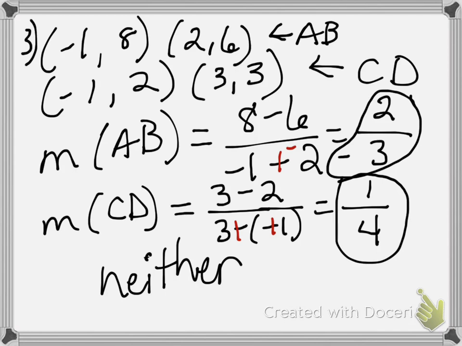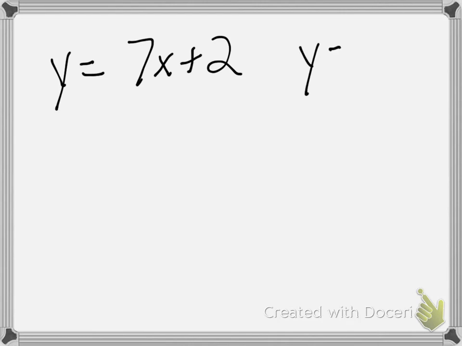Okay. On the next page of parallel and perpendicular lines, they give us equations, and they tell us that you need to decide from the equation whether it is parallel or perpendicular. Now, this is number 9, by the way.